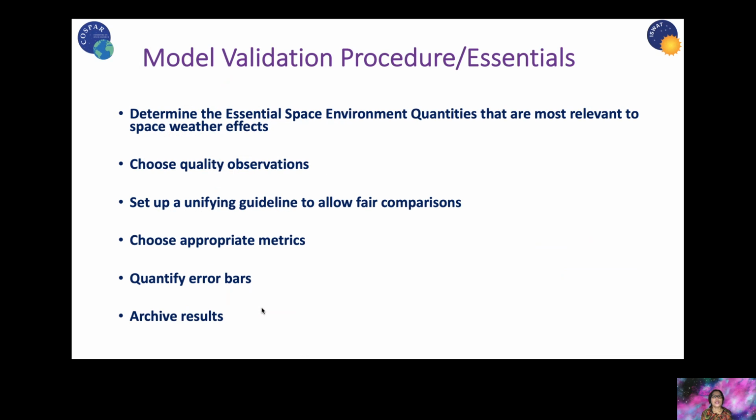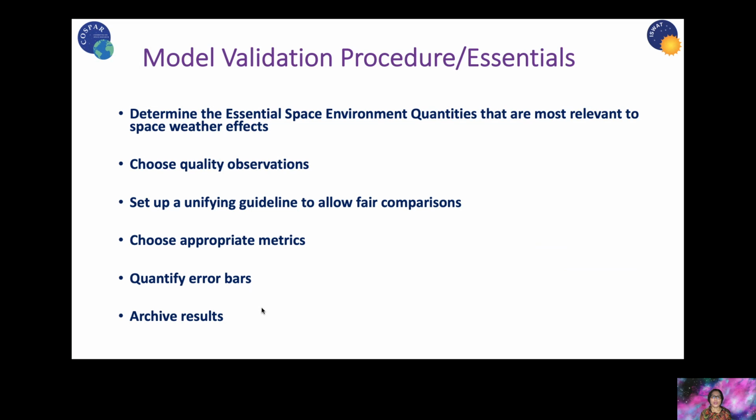So in general, the model validation procedure and the essentials, particularly our multi-purpose validation, are as follows. First we have to determine the essential space environment quantities. That's more user-oriented, the most relevant to space weather effects.